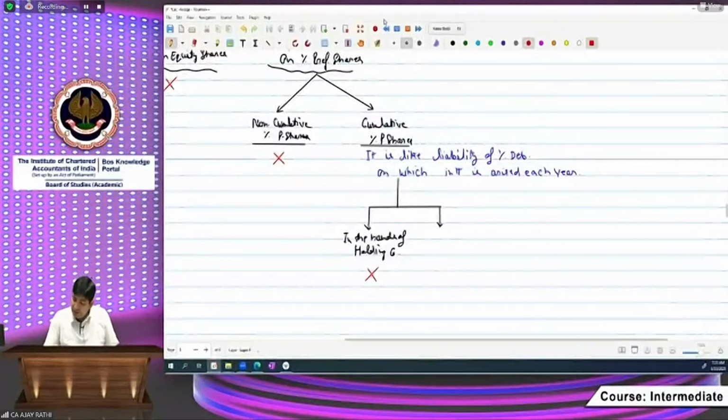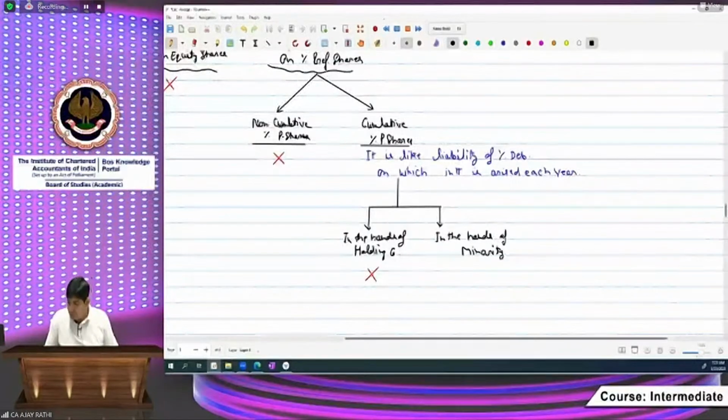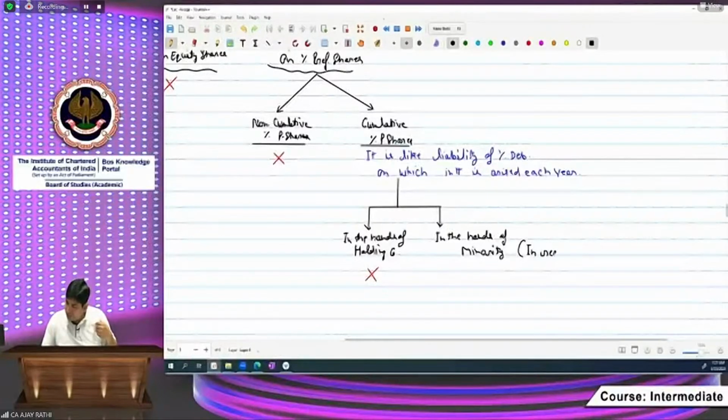But if they are in the hands of the minority, that is, those shares which have not been acquired by us, in reality these are outsiders.